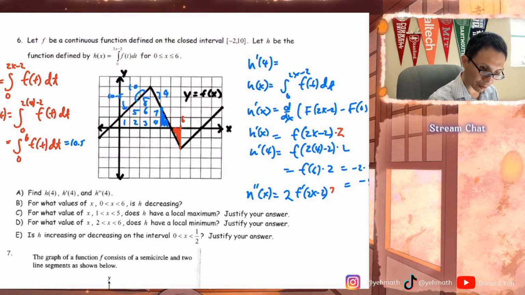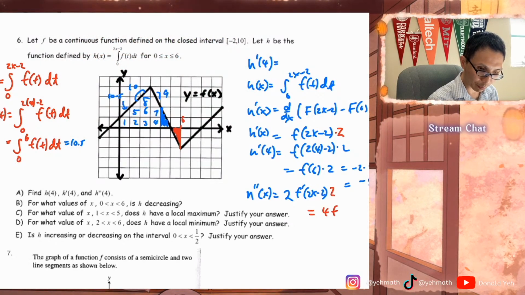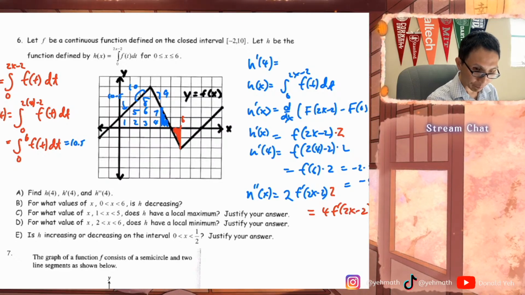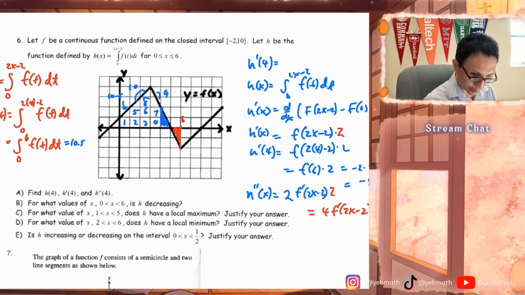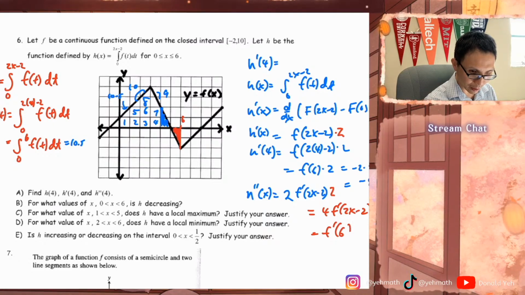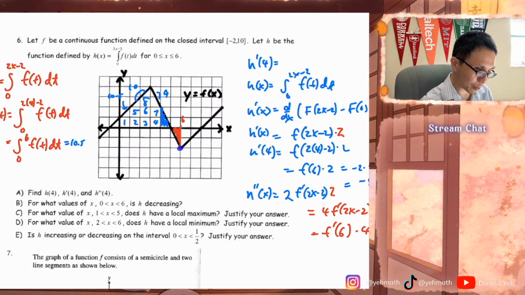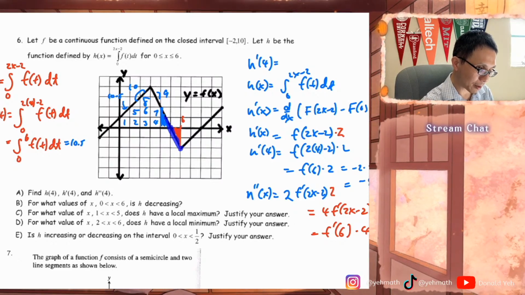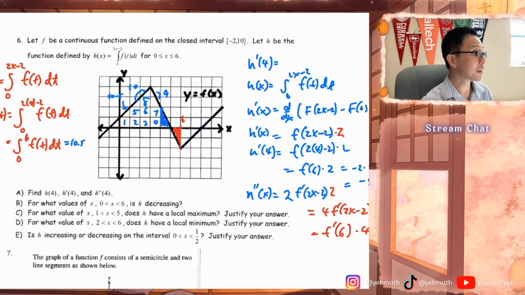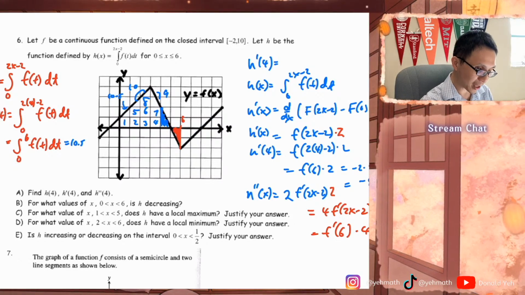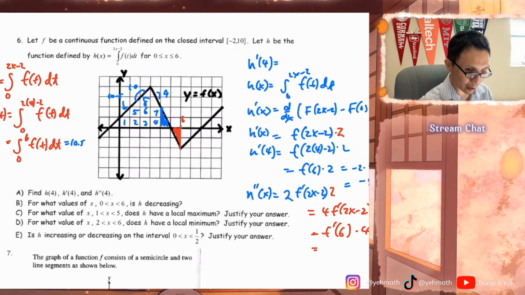Just don't forget the chain rule. So it's 2, so it'll be 4f prime of 2x minus 2. Now, if I were to plug in 4 here, I'm going to get 4 times f prime of 6. Let's look at 6. Look at this point. It has a negative slope and a positive slope. And if you have slopes contradicting each other, that's going to be undefined.